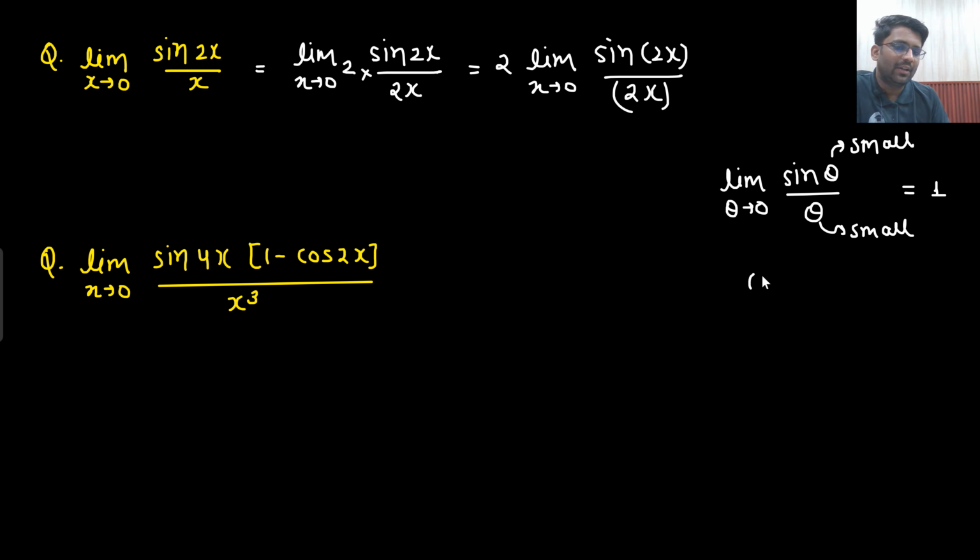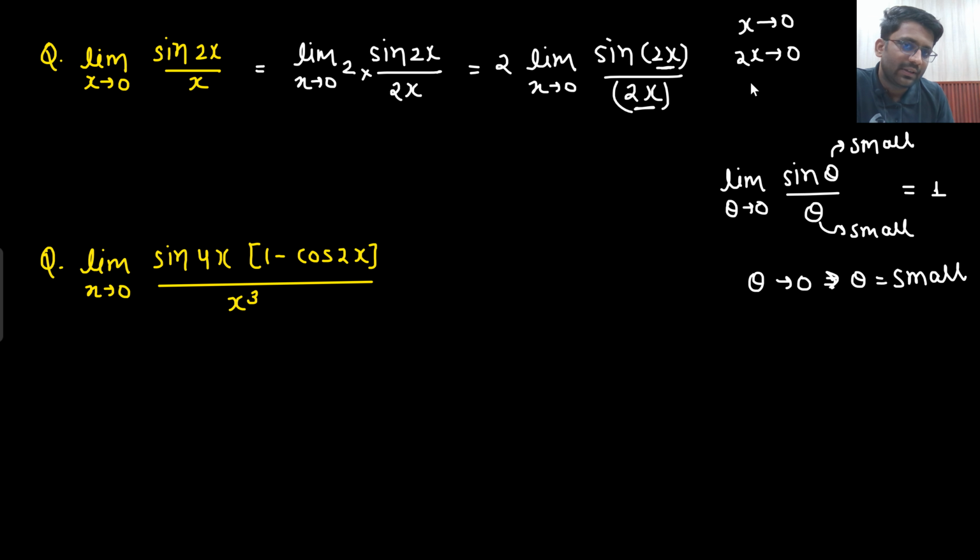The first requirement is that this angle and this angle should be same. The second requirement is that this angle should be small. Now if x is tending to 0, then 2x will also tend to 0. That means this is also small. So sin small angle divided by small angle, what will it throw? It will throw 1 only. So limit of this particular thing is 1.